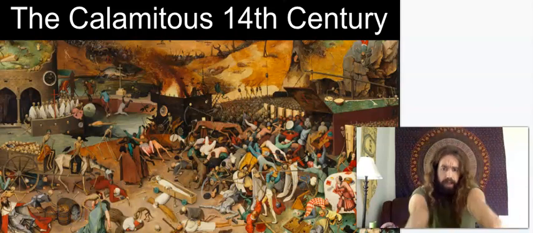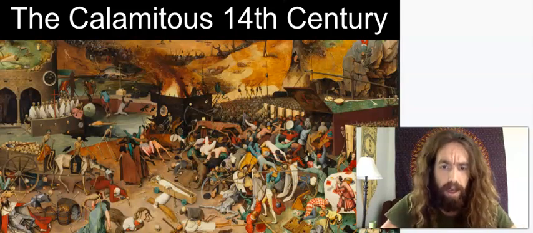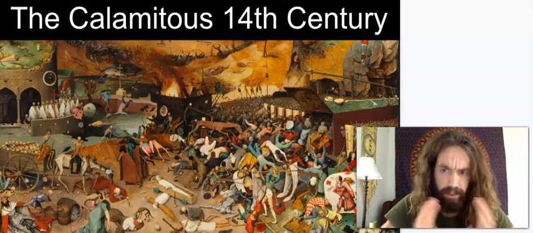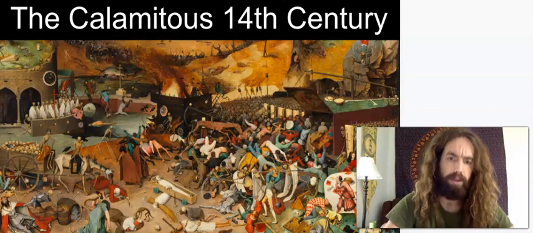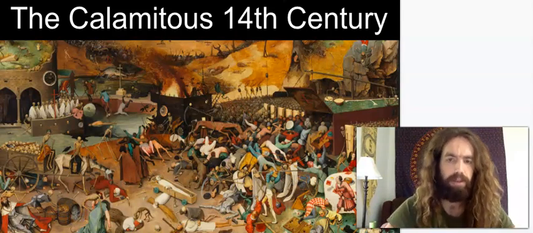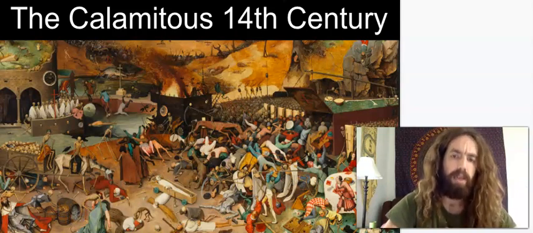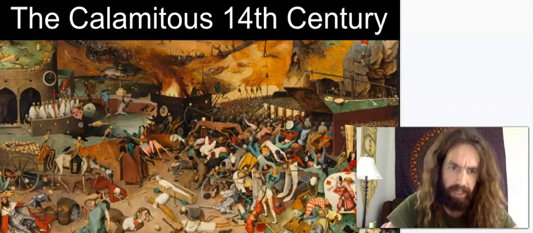And so we're going to be looking at a number of really serious crises that strike Europe during the 1300s, and talking about how these crises help to shake up the medieval status quo and play a role in bringing about the beginning of the Renaissance and Europe's move towards modernity.